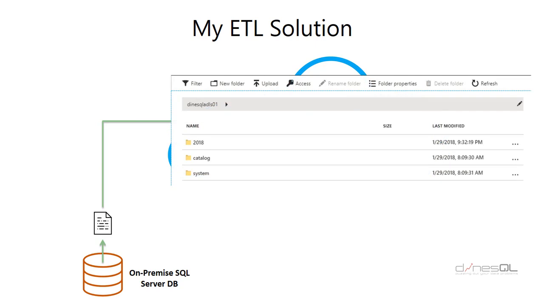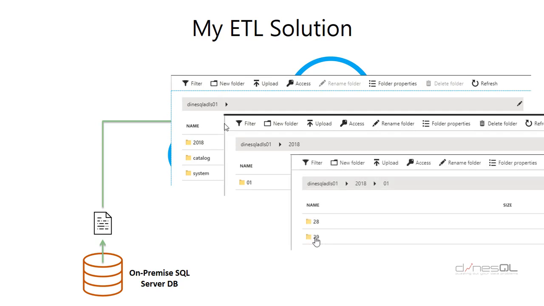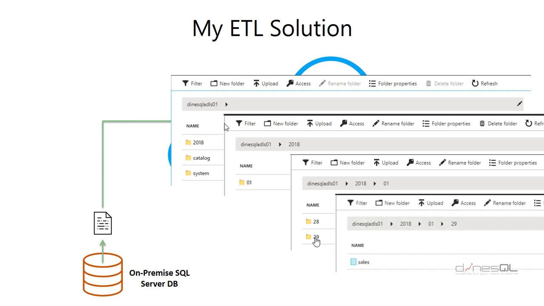I want to make sure that based on the date, it creates a folder for the year, then a folder for the month, and then a folder for the date. Once all these 3 folders are created, the file will be placed in the relevant folder. So this is what I want to do as my ETL solution using Azure Data Factory.